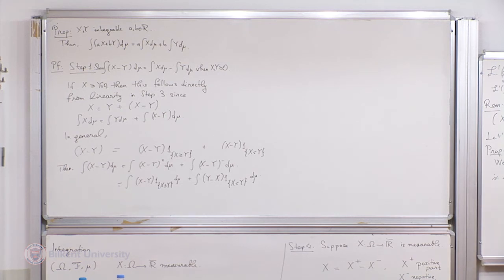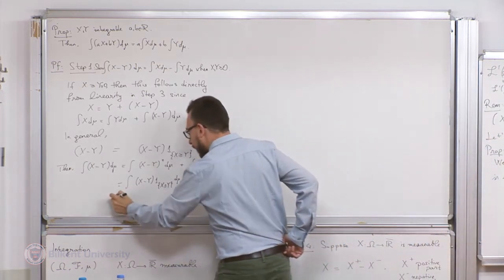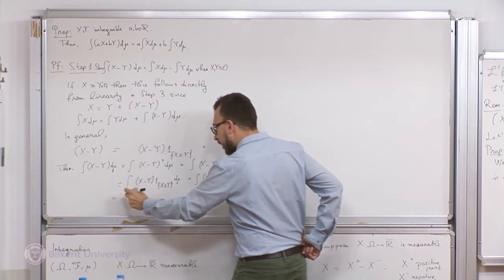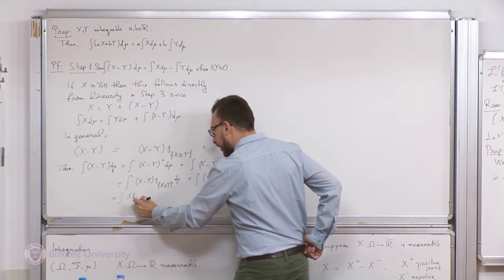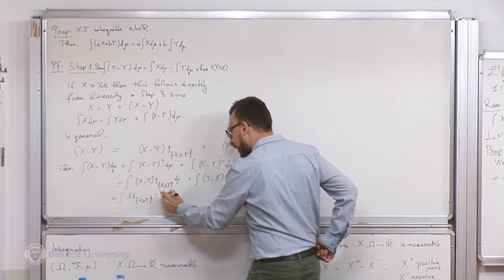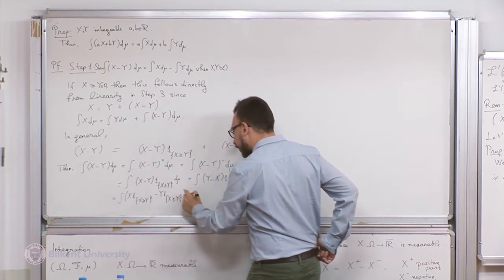Okay. So now what? These are the integral of x times the indicator of x greater than y, minus y times the indicator of x greater than y, d mu.